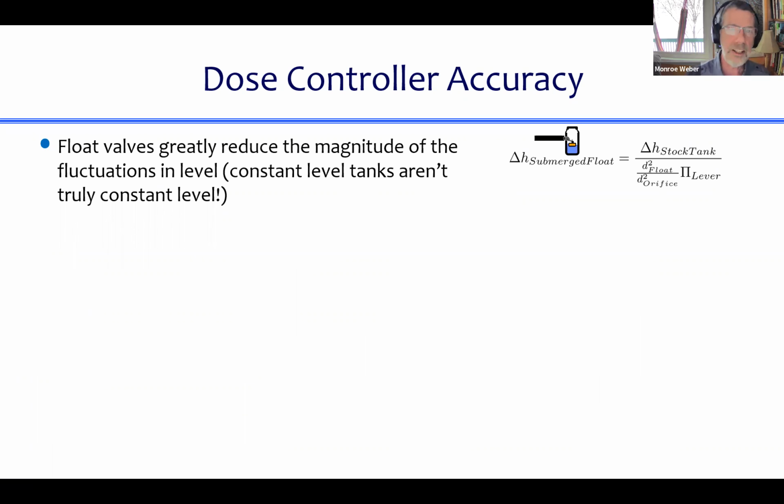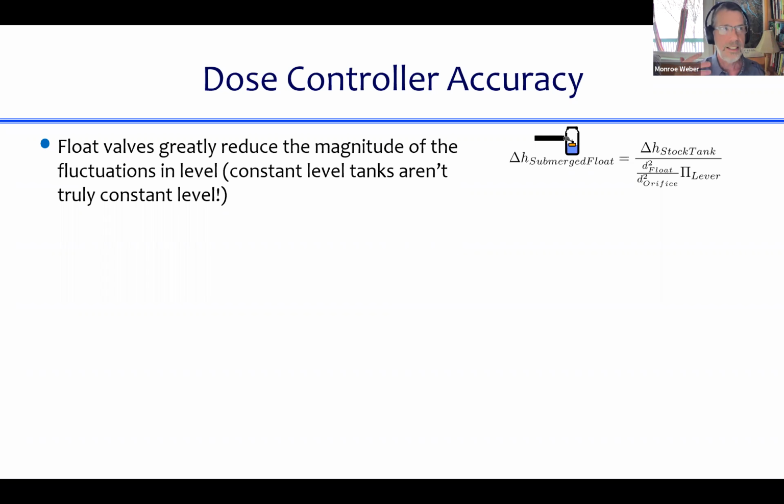A few reflections on accuracy. There are many places where a little bit of error shows up in this system. One of them, float valves don't actually provide a constant level. They provide a close to constant level. They greatly attenuate the change in level that's happening in the stock tank and get it down to a tiny little fluctuation inside the constant level tank.